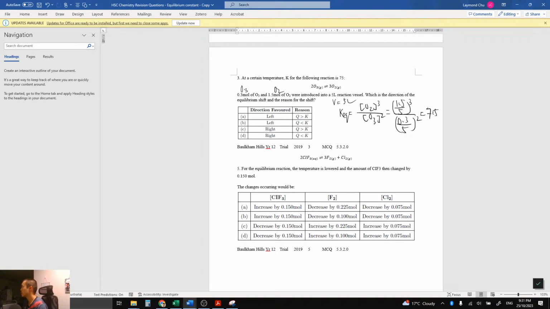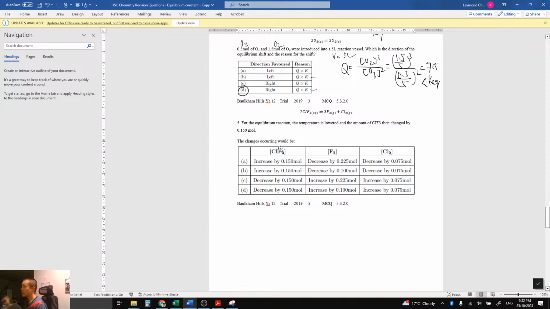Again, this one is not Keq, sorry. This one is Q, and that's less than our Keq. So that means it is B or D. Now, Q is less than Keq, so it shifts right. Okay, so that means our direction favored is right.